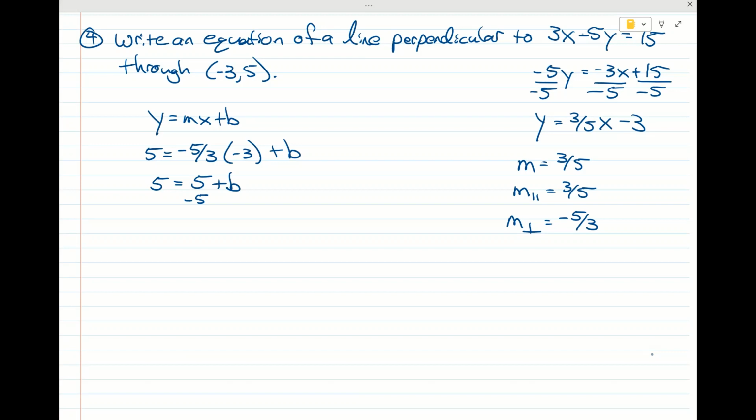If you subtract 5 on both sides, you get b is equal to 0. And then tying it together to give us an equation, we get y is equal to our perpendicular slope plus the b value. Now in this case, the b value is 0, so you don't have to write plus 0, you could just write it like this.